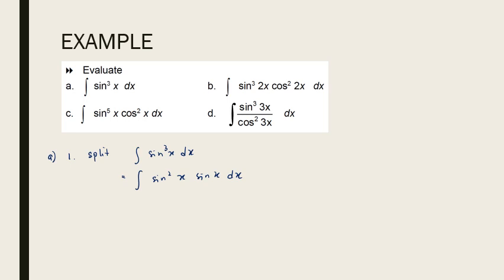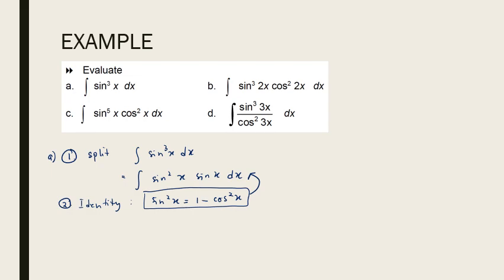Then step number 2, use identity. What is our identity? Sine square x equal to 1 minus cos square x. This is the identity that we have to use. Substitute the identity into the function.